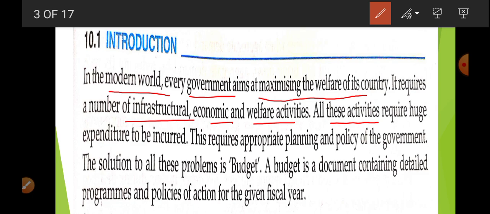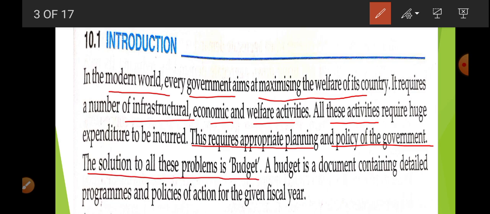If you want to construct a road, obviously the government has to spend a lot of money, then only it is able to construct a road. So social and economic infrastructural development requires huge expenditure. These require appropriate planning and policy of the government. The solution of these problems is the budget.